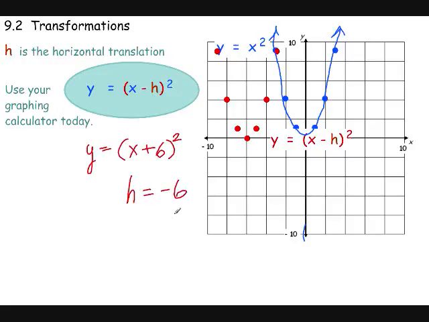It's easy to get screwed up with this because when you see +6, our minds, don't they do this? You want to move everything to the right 6. No, no, no. You have to remember it's minus whatever your h is. So if it says +6 inside the squaring operation, you're moving a -6. You're moving in the negative direction.